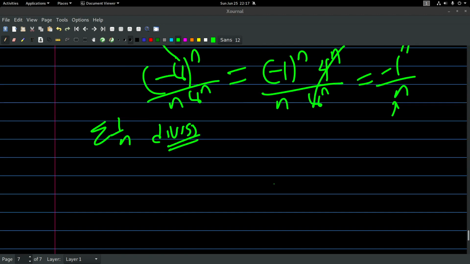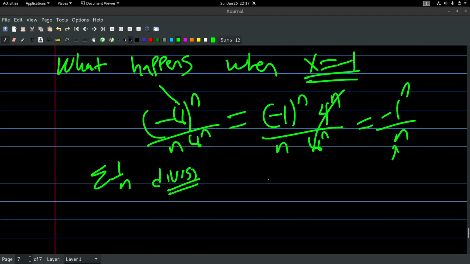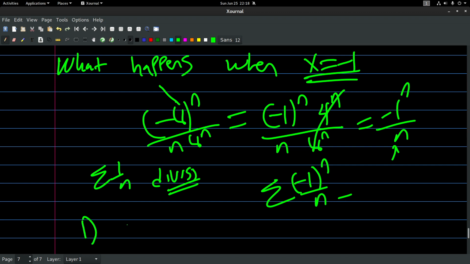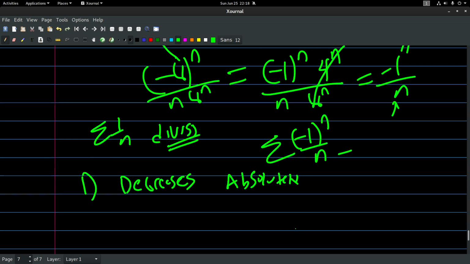Okay, so I looked at the answer sheet, and supposedly this converges because one, it decreases absolutely, and two, it's alternating.